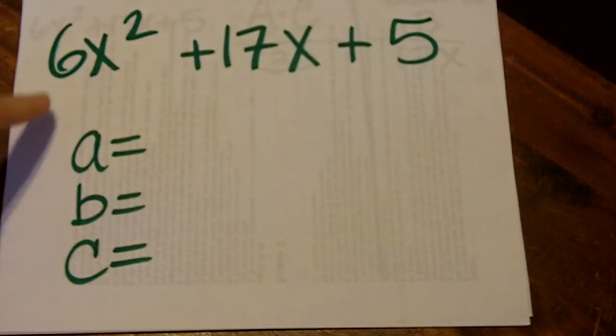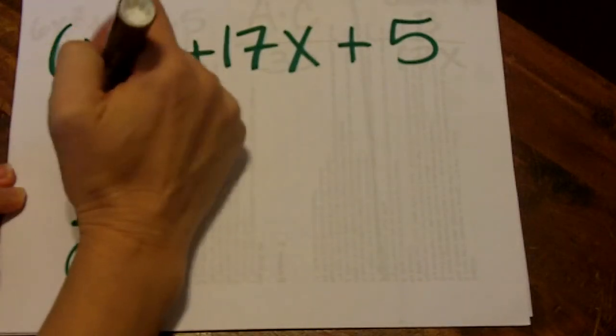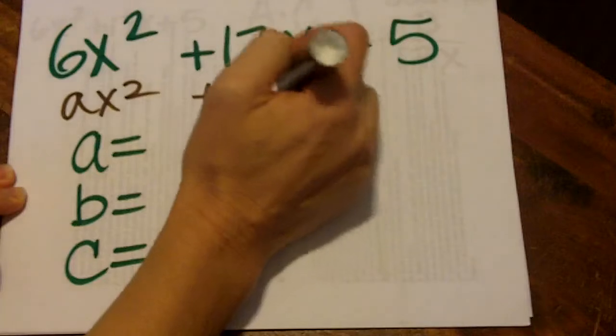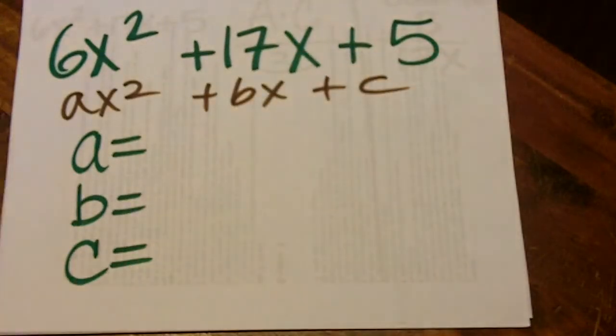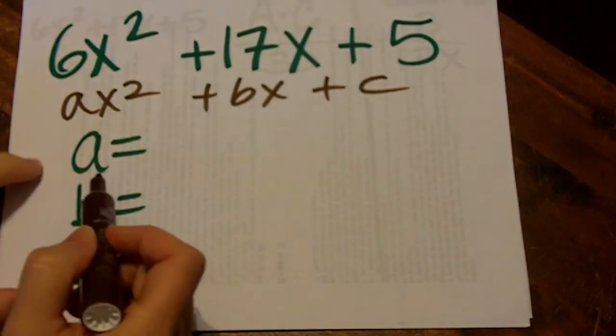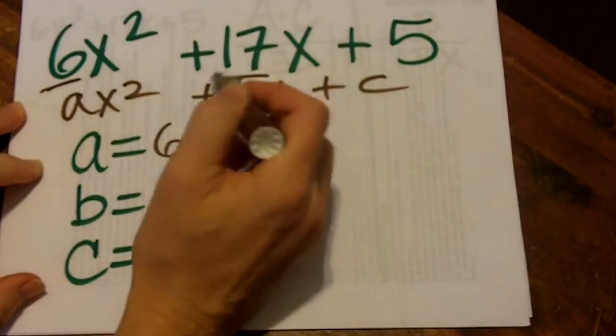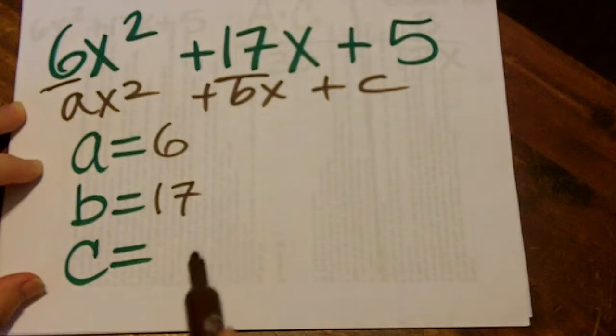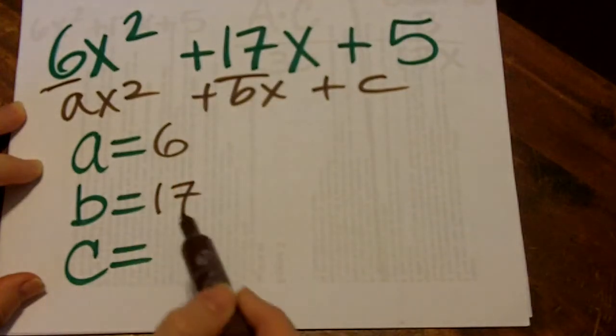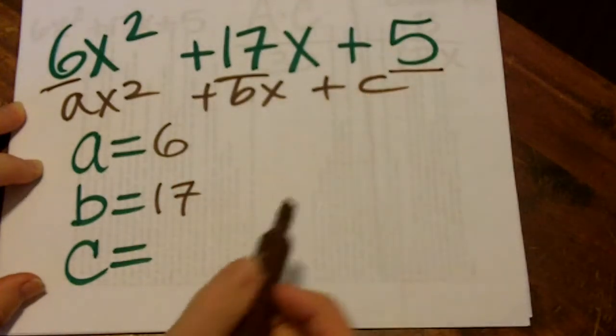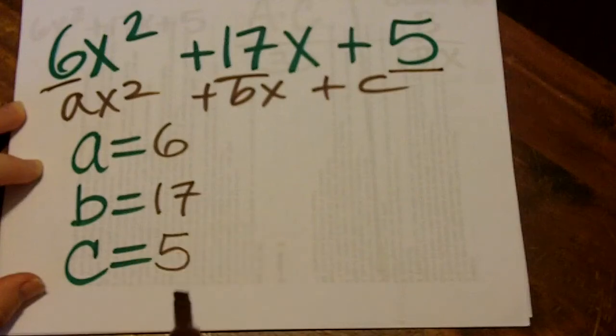Now, you guys know that our standard form of an equation is ax squared plus bx plus c, okay? And so if we follow that, then we know that this 6 is the a, and the 17, or the coefficient of x, is b, and then the c, or the constant, is 5.